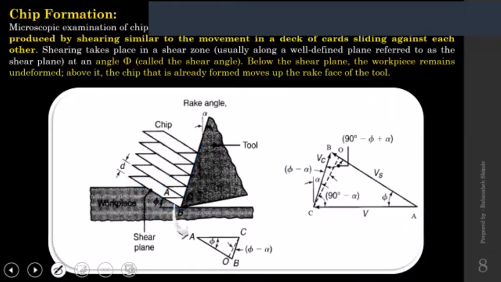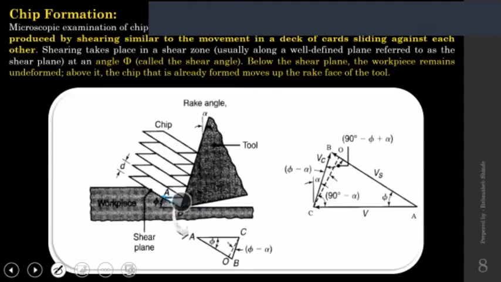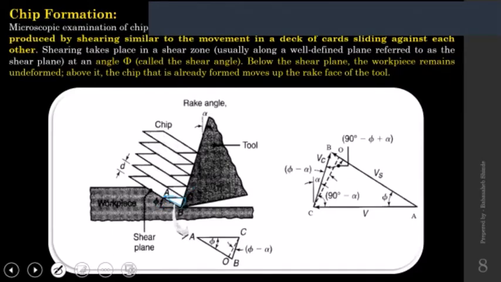This is point A, this is point B, and this one. We can consider this one triangle, or also we can consider this one triangle. All these are similar triangles, and by the concept of similarity of triangles, you can consider this one as well as this one. If you consider this triangle, you will get this sketch, and if you consider this triangle, you will get this sketch. So don't get confused between those two.